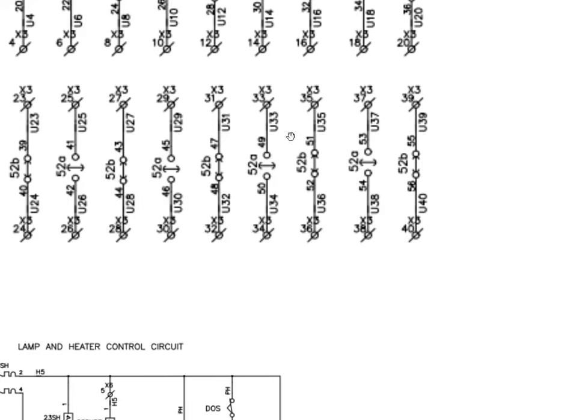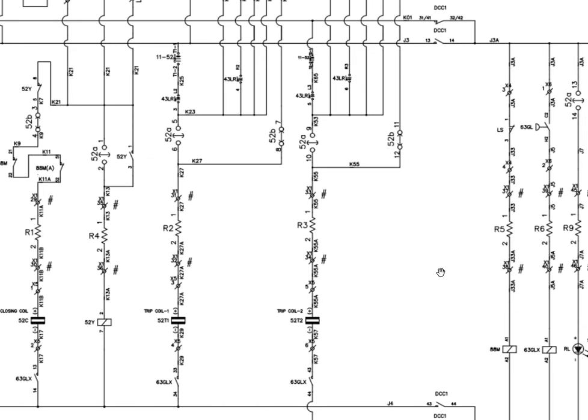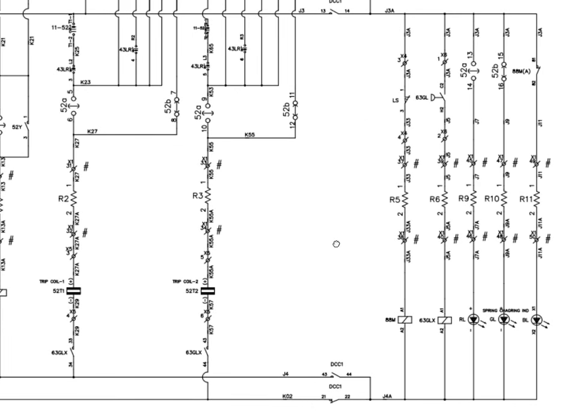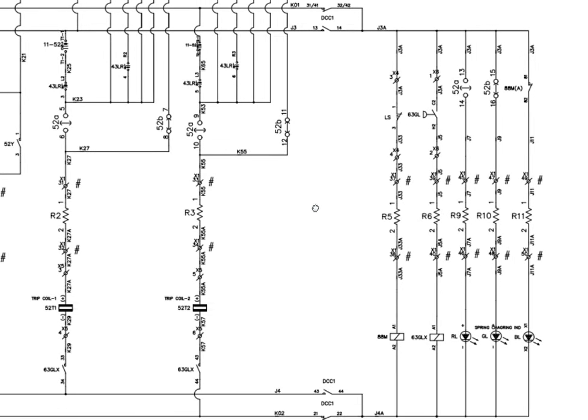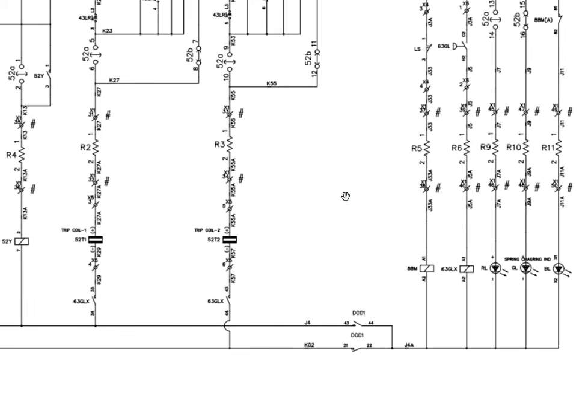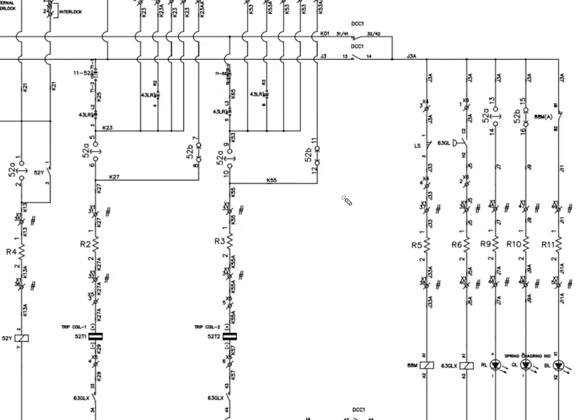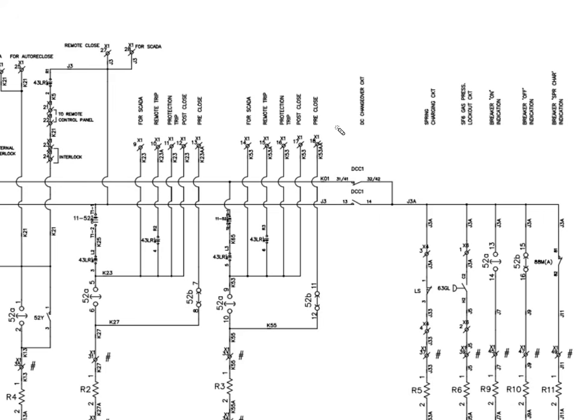DCC2 and DCC1. The breaker offers the spring charge circuit, SF6 gas pressure lockout, breaker on indication, breaker off indication, and breaker spring charge indication.